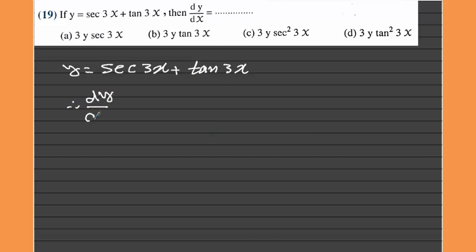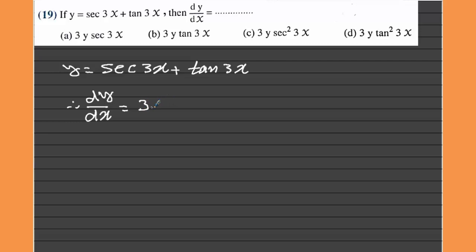Question 19. If y equals sec 3x plus tan 3x, find dy/dx. So directly, dy/dx equals the derivative of sec, which is sec tan, multiply the derivative of the angle. The derivative of 3x is 3.